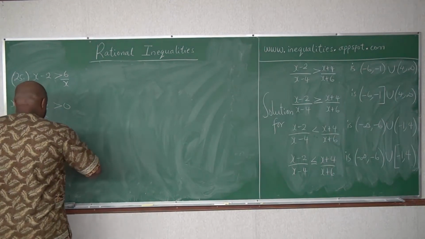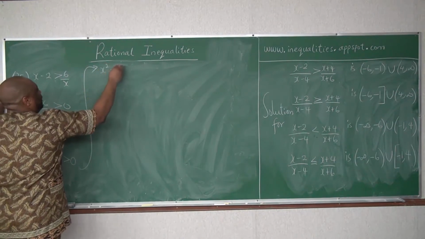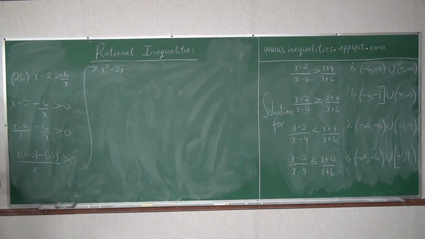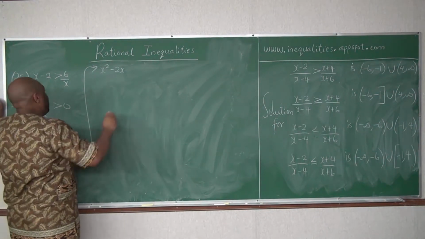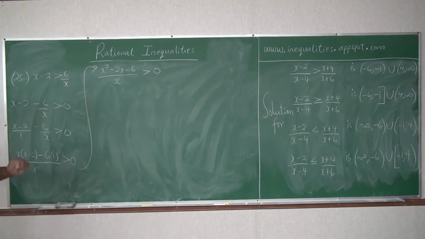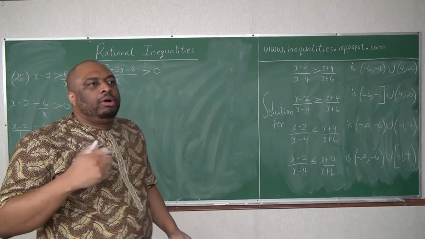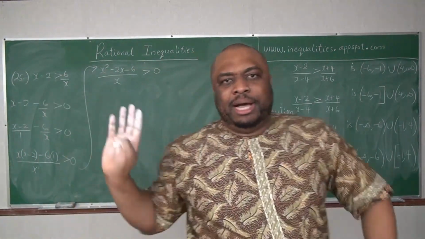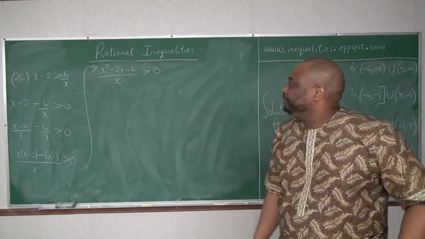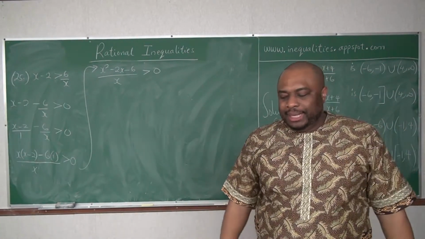So from here, we have x squared minus 2x minus 6 all over x is greater than 0. I know right now we have only 0 on the right hand side, and that is good. First step, only 0 on the right hand side. Okay, that's good.